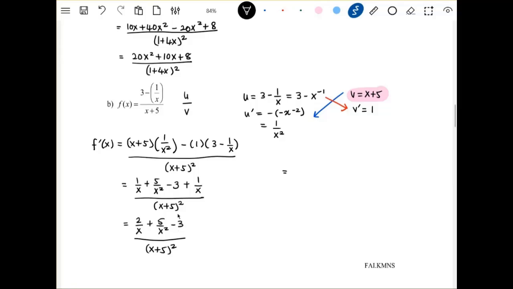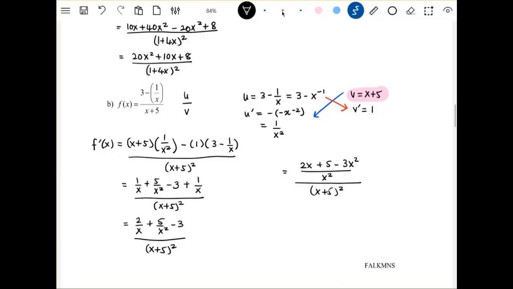Okay. So balance up denominator for the bahagian atas. Untuk numerator saja, kita balancekan dulu denominator by making all the denominator bahagian atas adalah x square. So kita akan dapat 2x tambah 5 tolak 3x square. The whole thing masih lagi divided by x square, and then bahagian bawah adalah x plus 5 square.